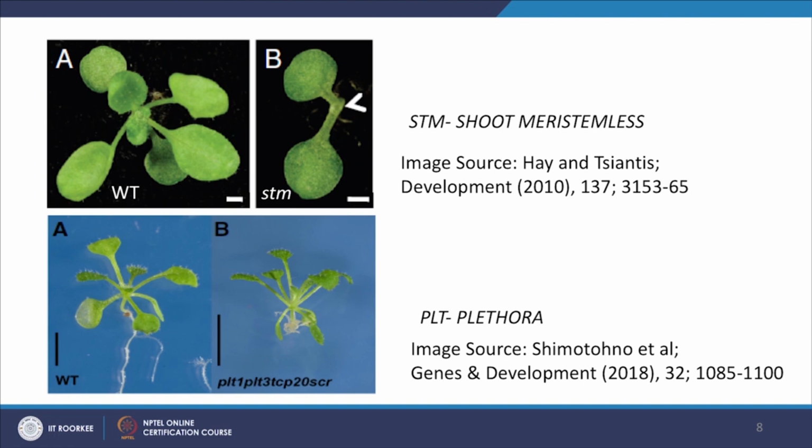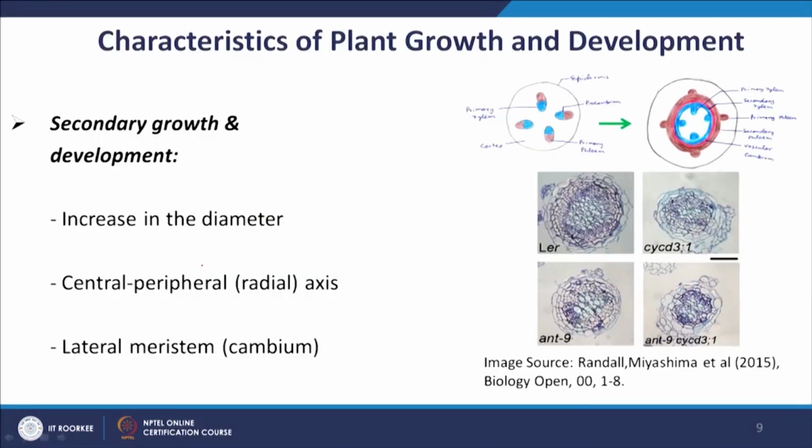So, in this mutant background, the root apical meristem activity is not maintained, and the primary root or the meristem cells get consumed early, and that is why you cannot see proper root development. So, both the primary growth at the shoot apex as well as the root apex are regulated by very important developmental regulators. Now, coming to the secondary growth and development.